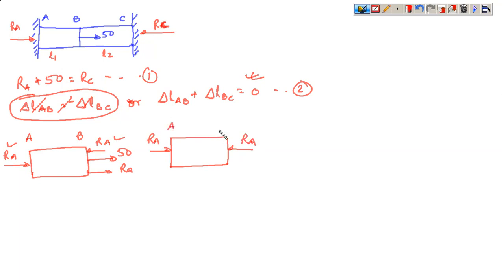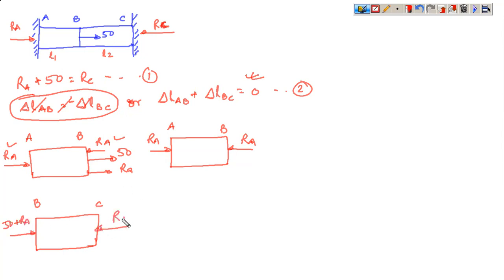This is member AB. Now coming to member BC. Now member BC is how much? This is 50 here, Ra here, because this has been utilized. So 50 plus Ra is left here. And what do you get here?